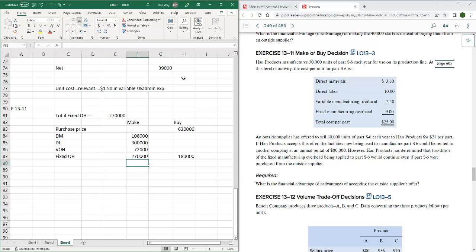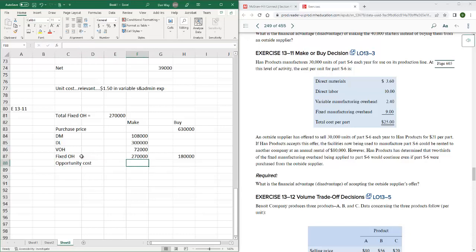Now the other thing for us to consider is right in the middle of this paragraph. It said if Han Products accepts the offer to buy from the outside supplier, the facilities now being used to make this S6 could be rented out to some other company at an annual rental of $80,000. So what we have here is a classic opportunity cost of continuing to make this product in-house.